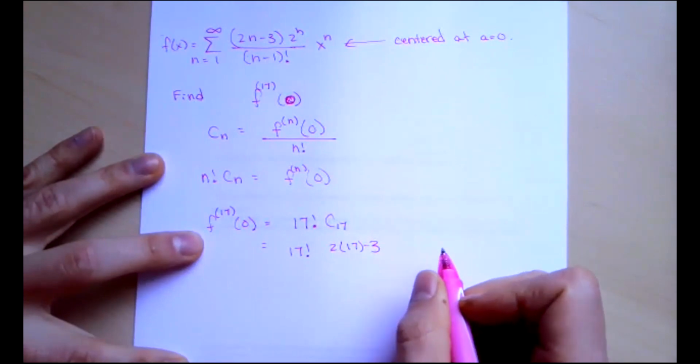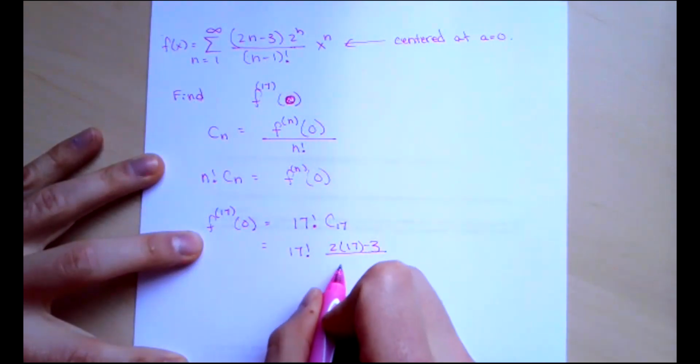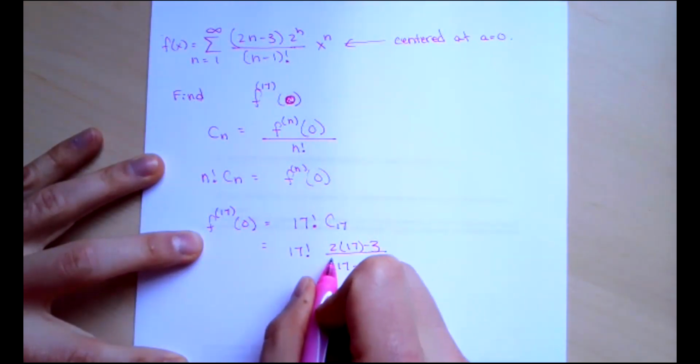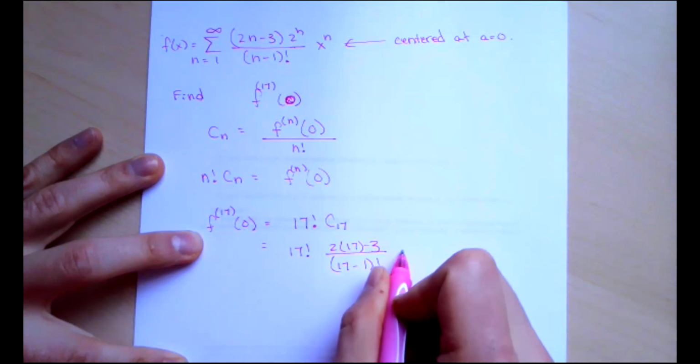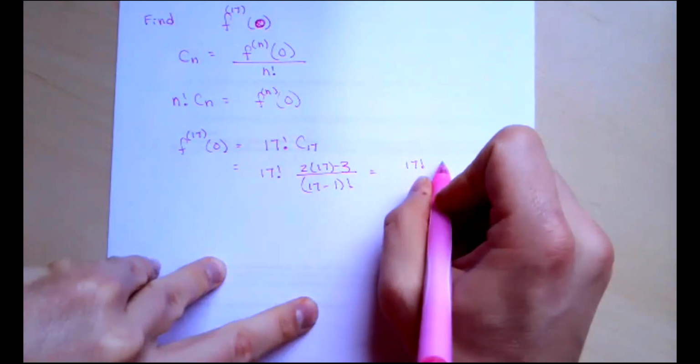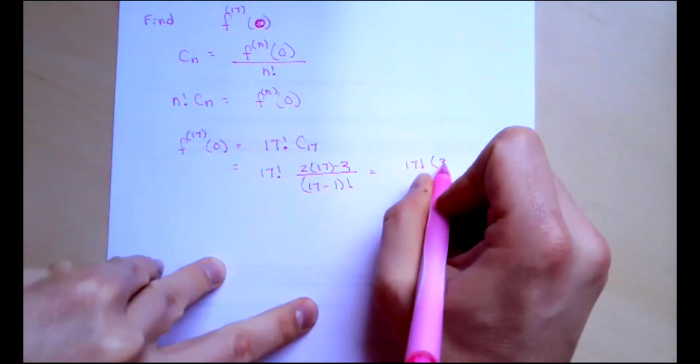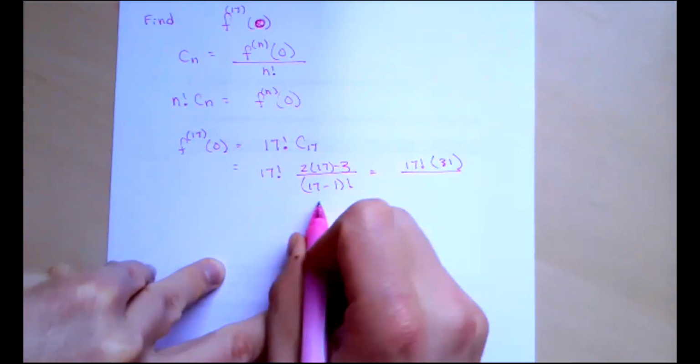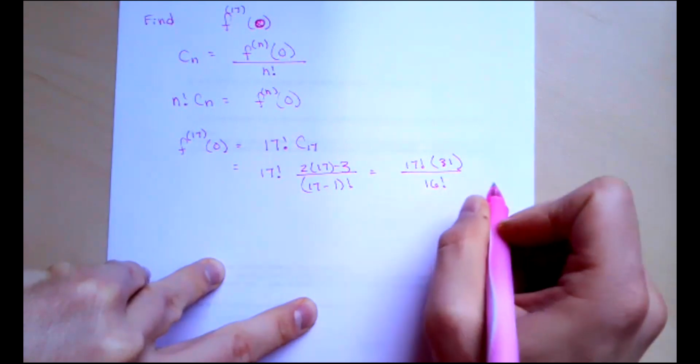Sorry, let me try to keep both those on screen. And in this case, we can actually simplify. So we've got 17 factorial. 2 times 17 is 34 minus 3 gives me 31. And then I have a 16 factorial.